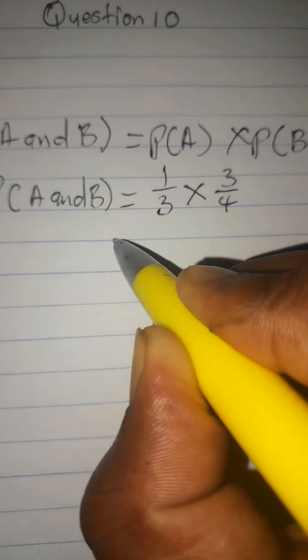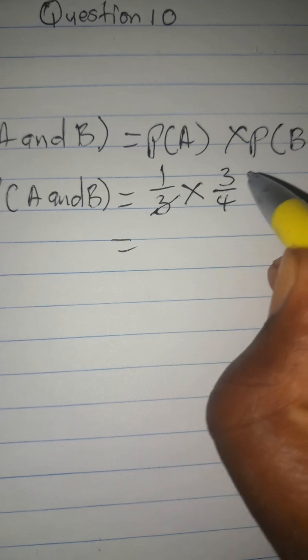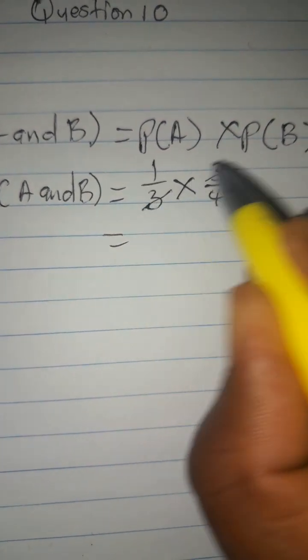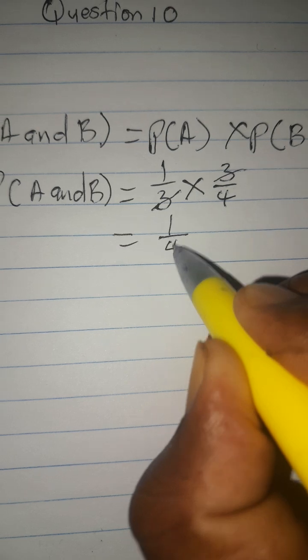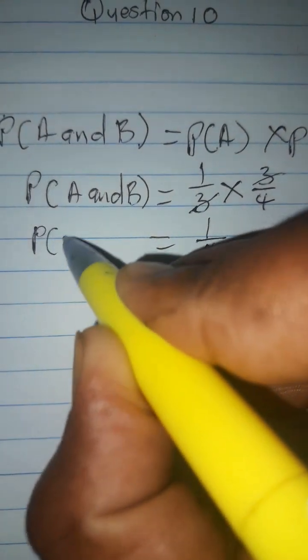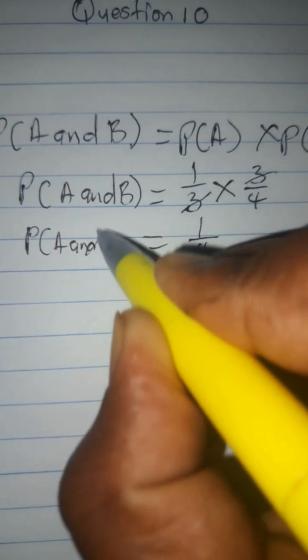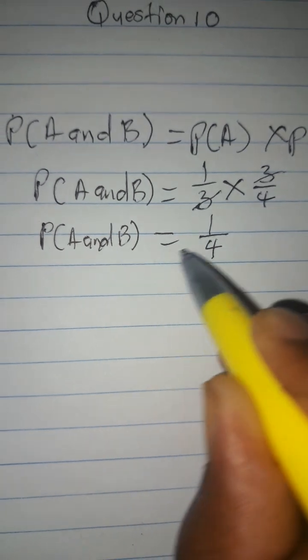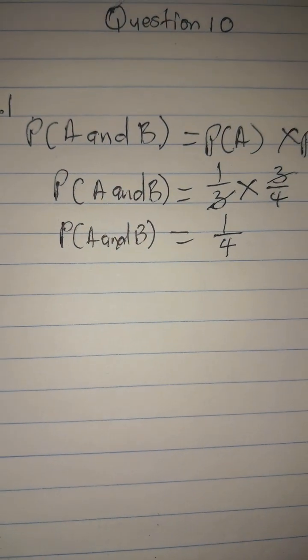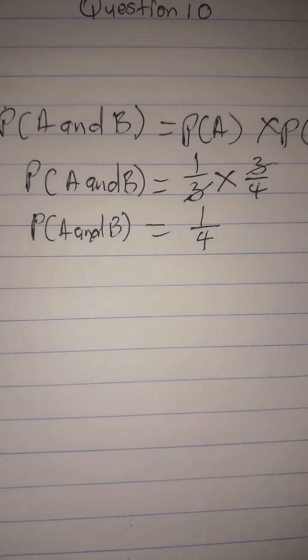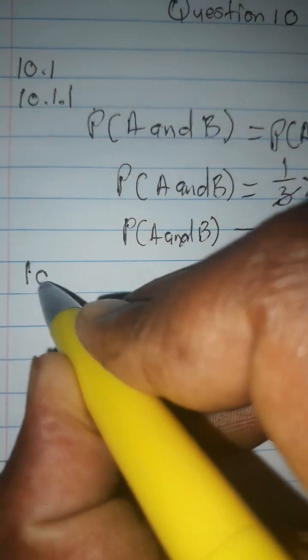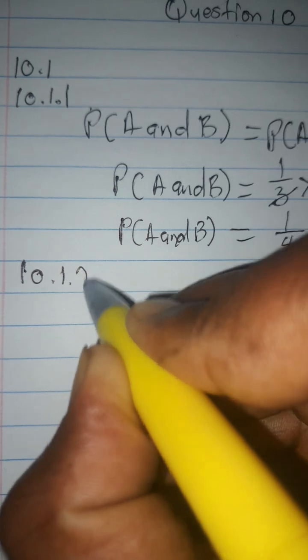If we multiply these, we can see that 3 and 3 are the same, so they will cancel. Then we'll be left with 1/4. So the probability of A and B is equal to 1/4. If we were to leave this in decimal, that will be 0.25. So we go to 10.1.2.